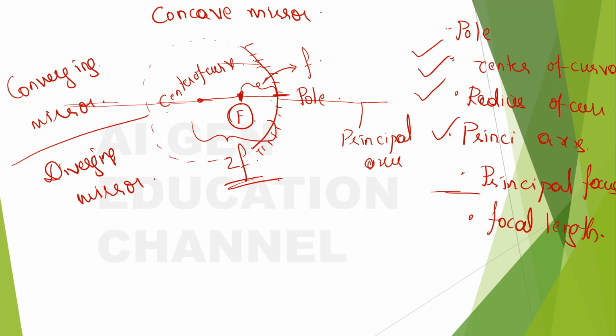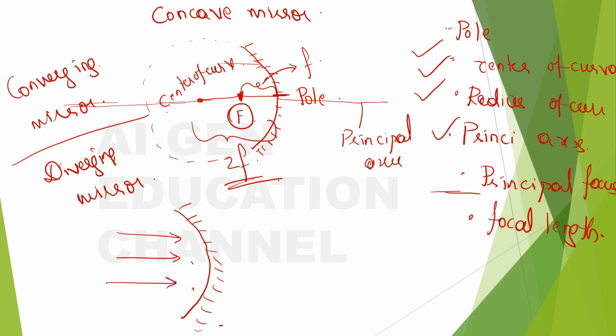When the light rays are coming from some distant objects, they always come in a parallel manner, right? And when these fall on a concave mirror, what happens? This is the concave mirror, right? When these fall on a concave mirror, they get reflected, that you know.